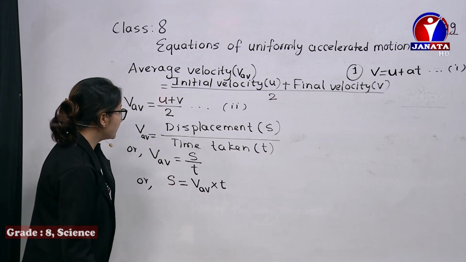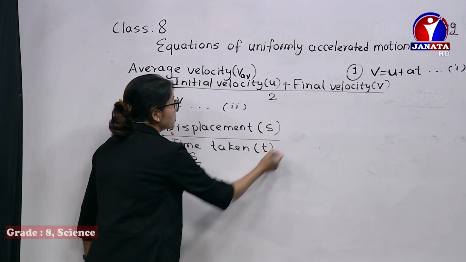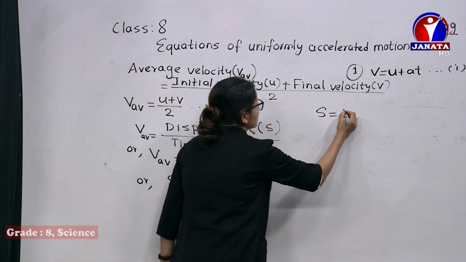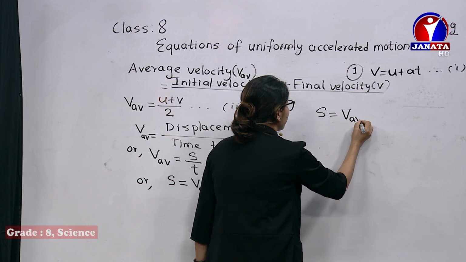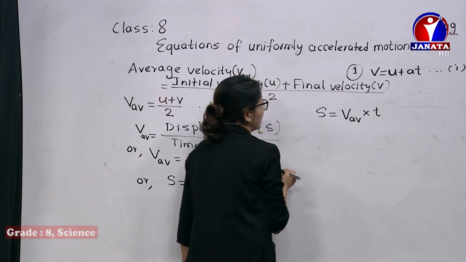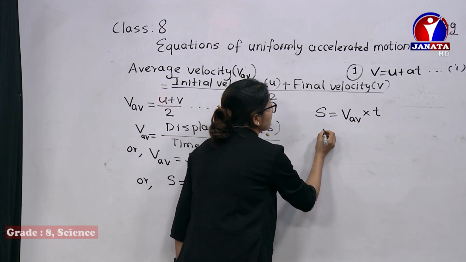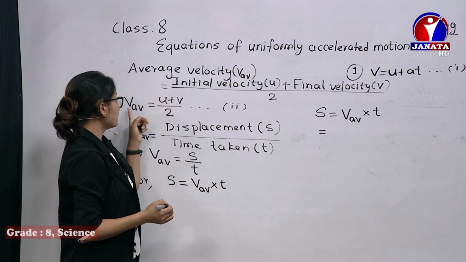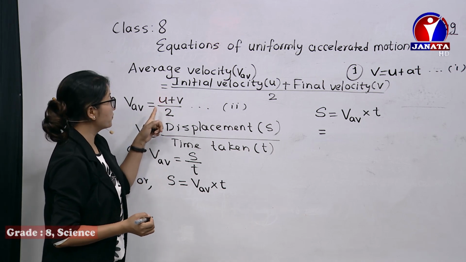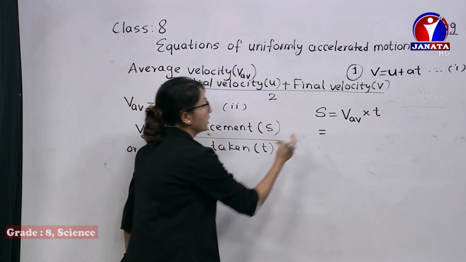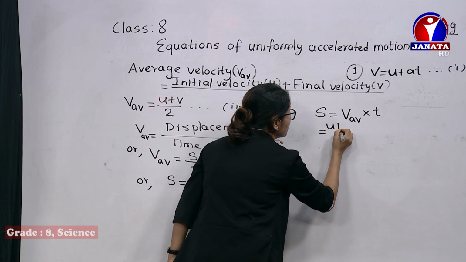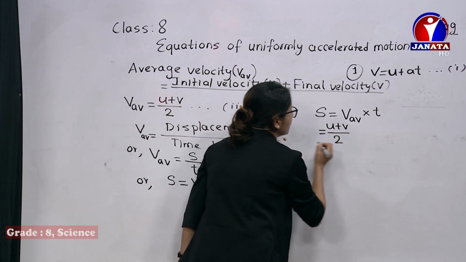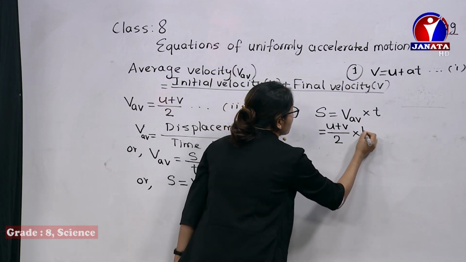So I think it will be easier if I write here, continuing this one upside. Right now we have S is equal to VAV into T. Now we are going to find out another equation. From this one you can see VAV is equal to u plus v by 2. So average velocity VAV we have from equation 2, we can keep this value as u plus v by 2 into t.